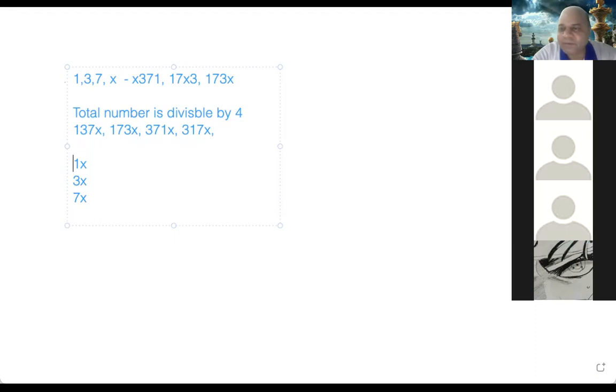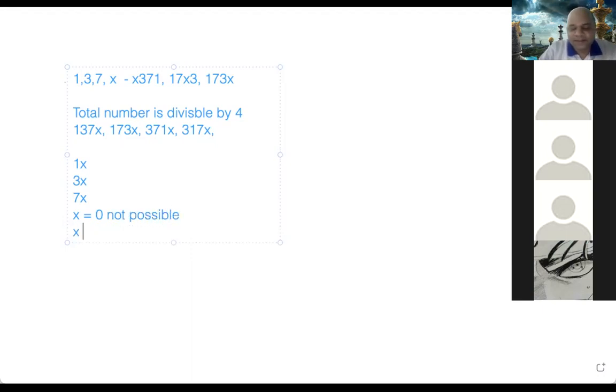Last week's problem number 8. Now you check in all of these cases. They have given it purposely like this, because if X is equal to 0, is it possible? No, because 10, 30, 70, none of those numbers are divisible by 4, correct? So X equal to 0 is not possible.